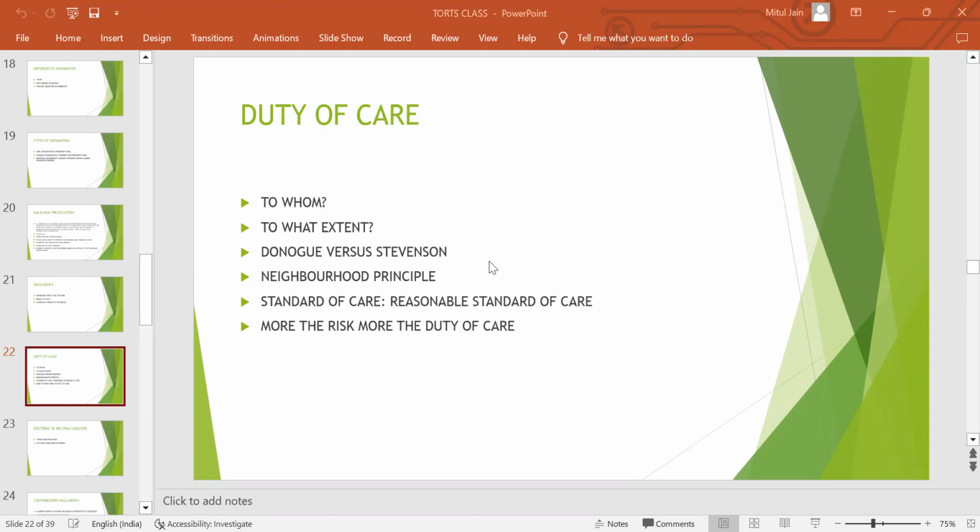right? Now he sues the company that is the beer manufacturer for compensation. Now what do you think? Is beer company liable?